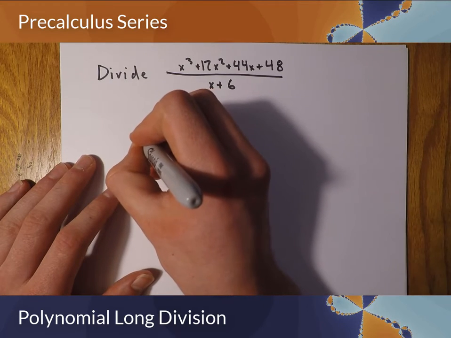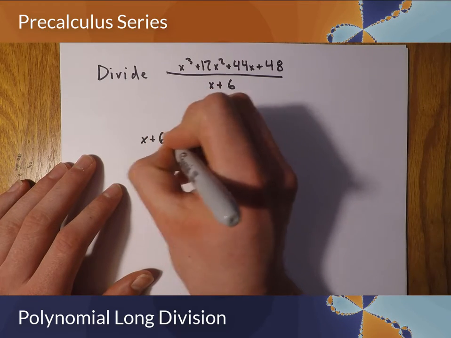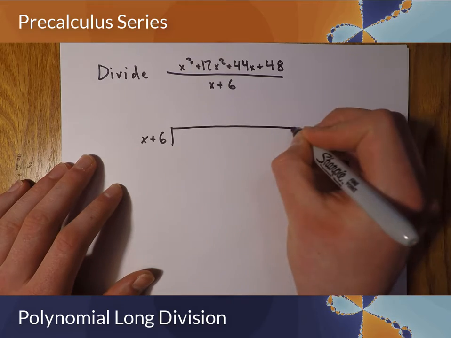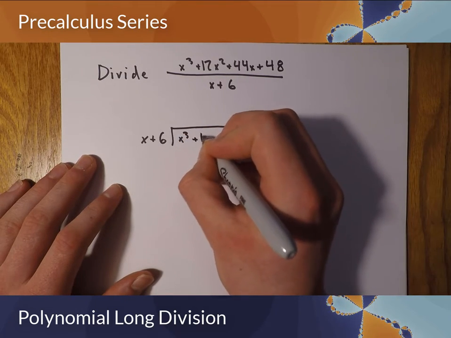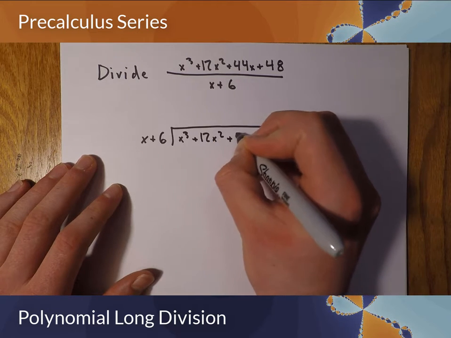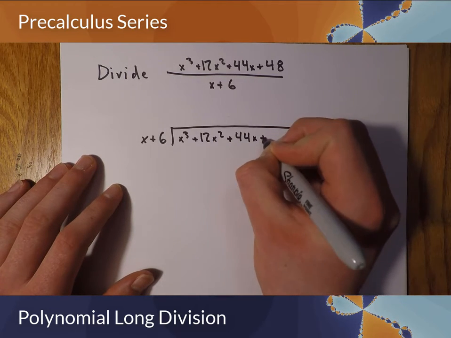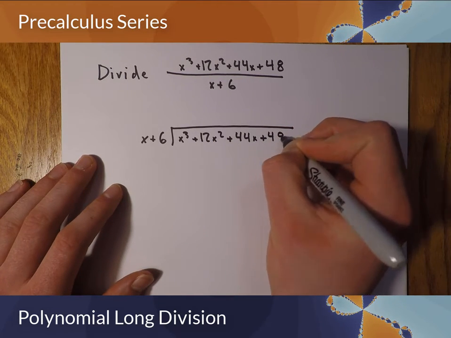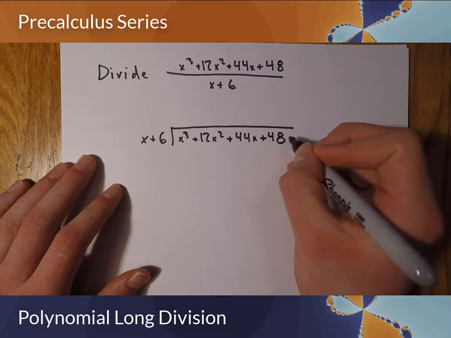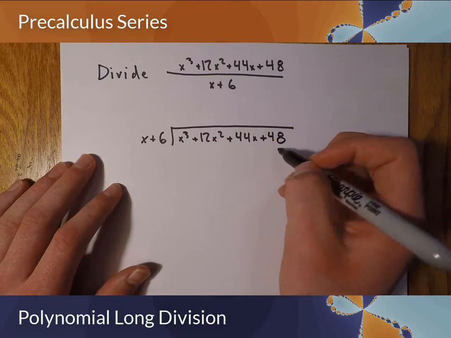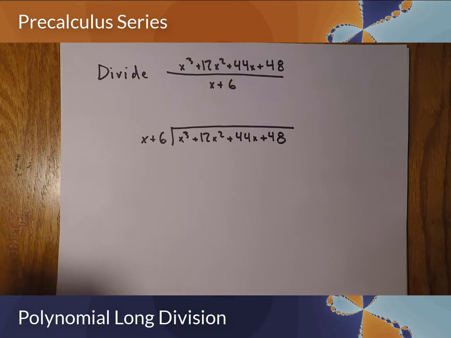We have x plus 6 over here, and we put x cubed plus 12x squared plus 44x plus 48 under here. And now we just proceed like any normal long division problem.